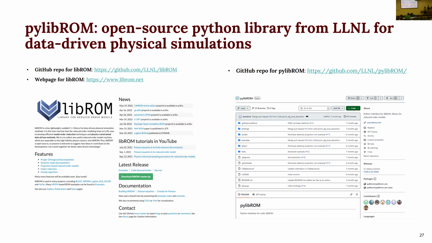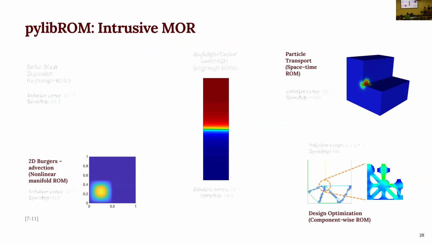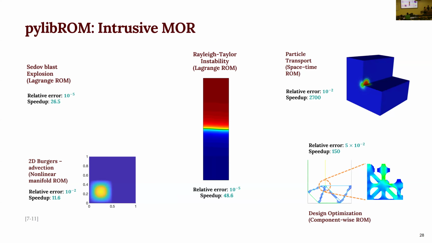So we have libROM, pylibROM, and we have MFEM and PyMFEM. Now, if you want to install pylibROM, you have to ensure that all four things are installed on your system.